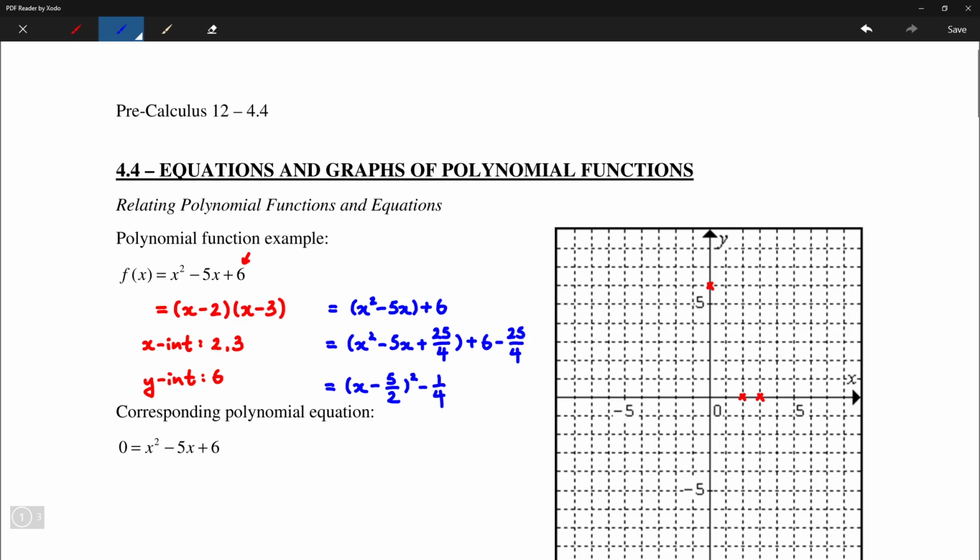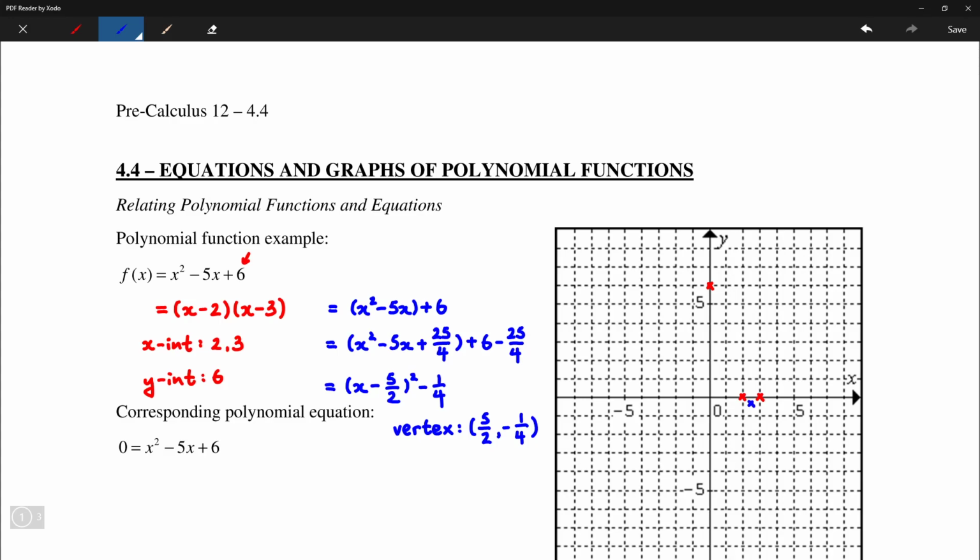So what that tells us is that the vertex of this parabola would be 5 over 2 and then negative 1/4, which is right here.